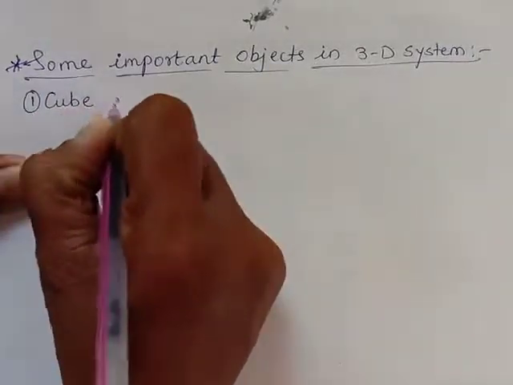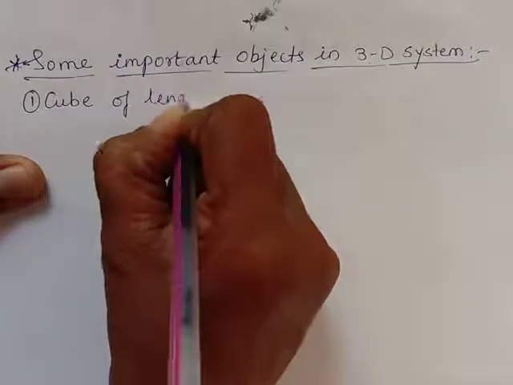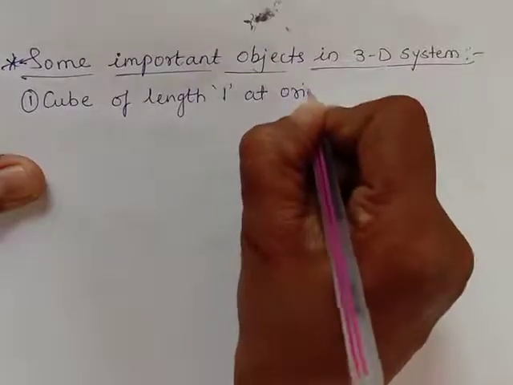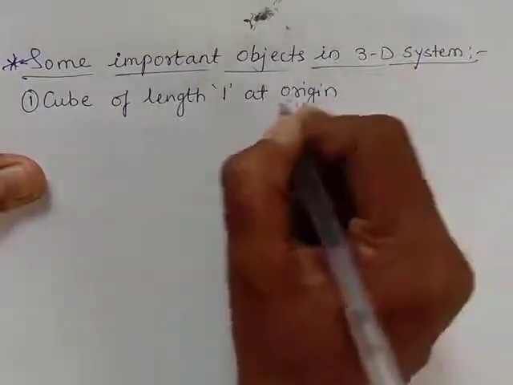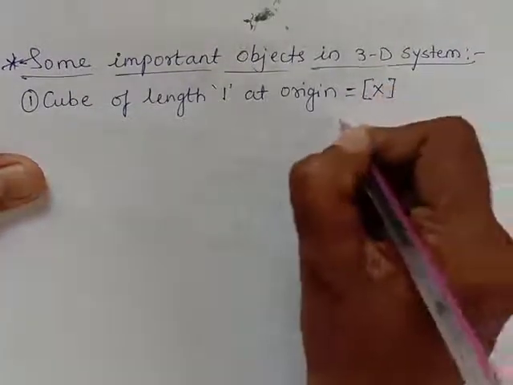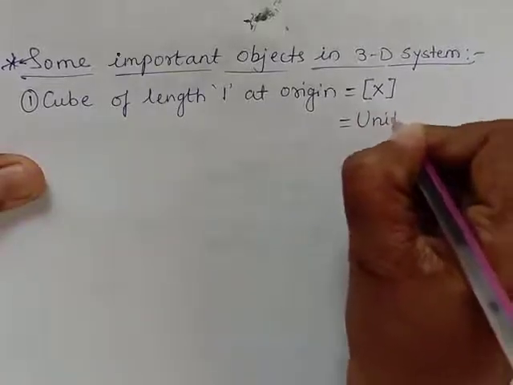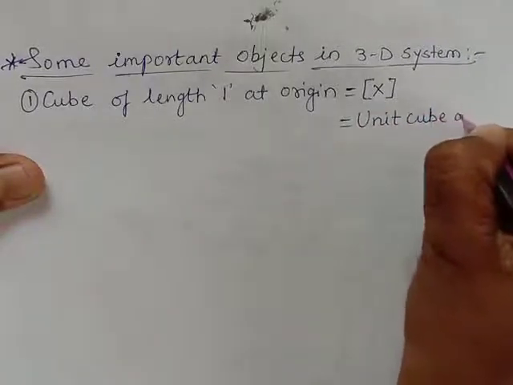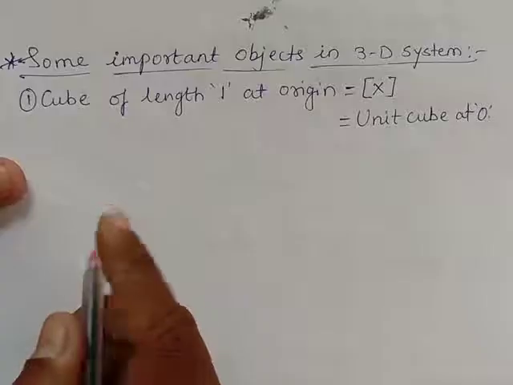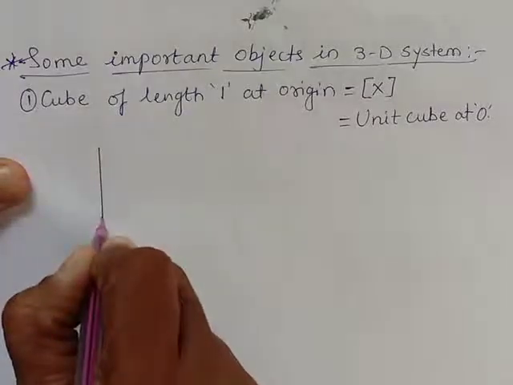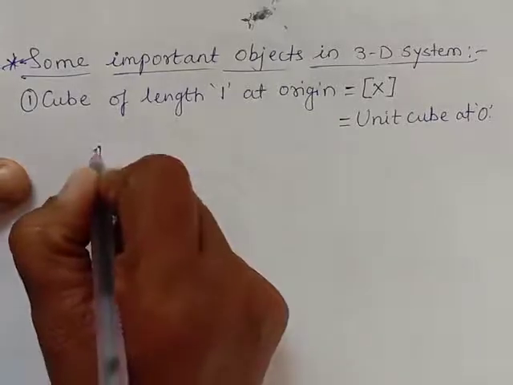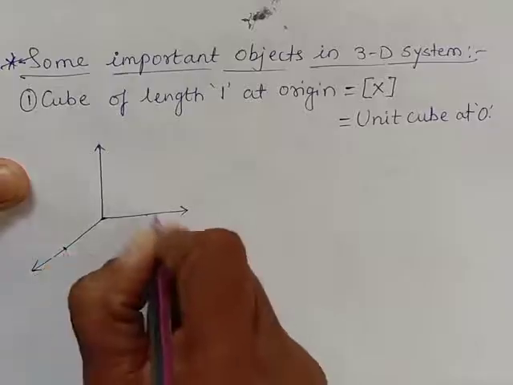So the first one is a cube of length 1 at the origin, that is nothing but a unit cube at the origin, right? Now let's draw the figure first.